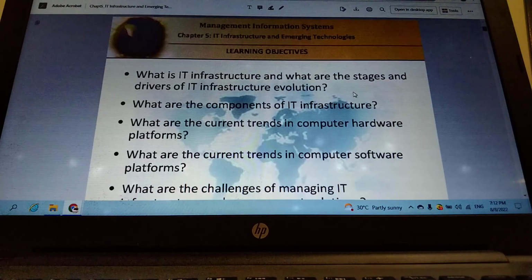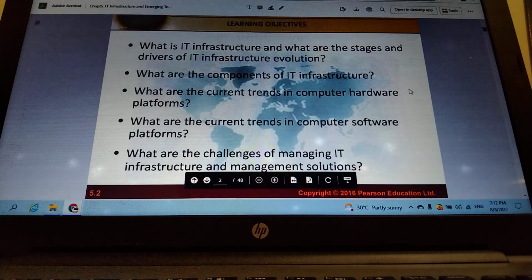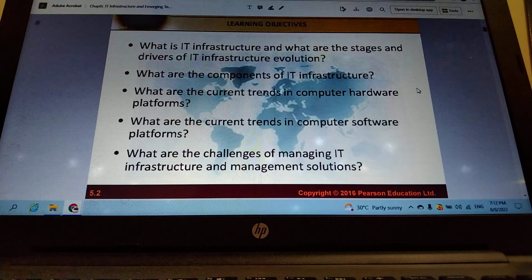Okay, with that, let me share with you the lecture learning objectives for this session. First, we're going to look into what IT infrastructure is and what the stages and drivers of IT infrastructure evolution are. Next, we're going to discuss the components of IT infrastructure.